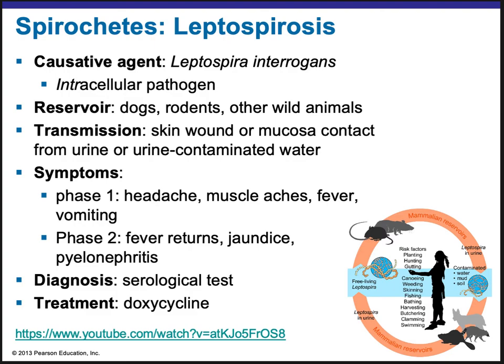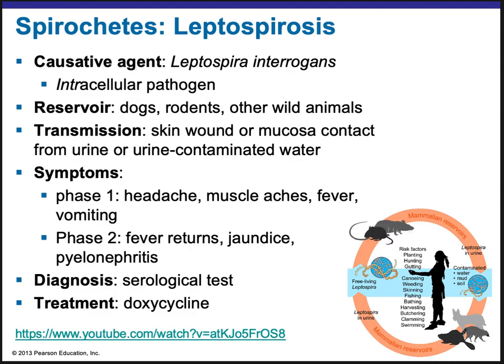So either direct wound or mucosa contact from the urine of infected animals, or water containing the urine of infected animals. Okay. At first you have symptoms of headache, muscle aches, fever, vomiting, and then you start to feel better, and then the fever returns.